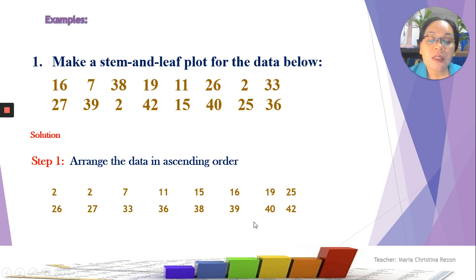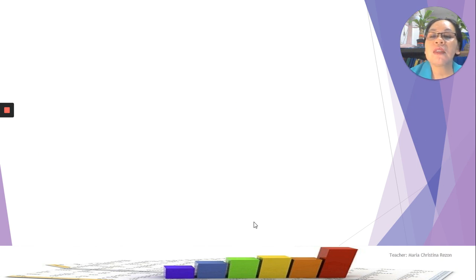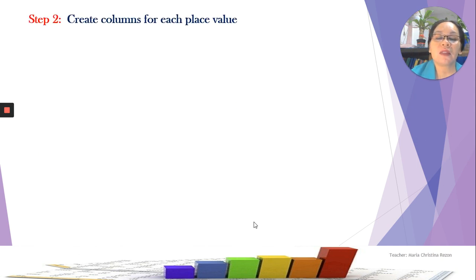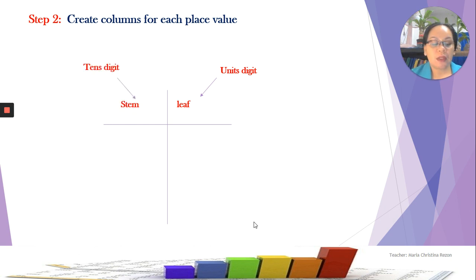So the place value that we have is only units digit and tens digit. So we'll make 2 columns then for that. You have units digit, and that is for your leaf, and then the tens digit is for your stem. That is why it's called stem and leaf plot.